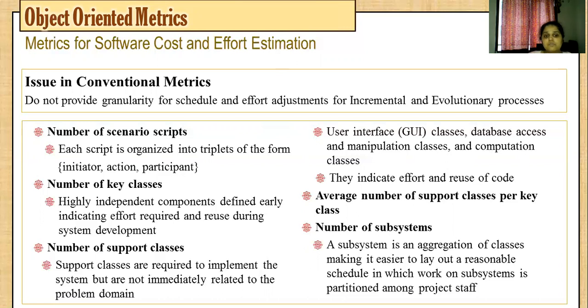Next is the number of support classes. Now what are support classes? They are not the main classes, but they are classes which are helping you in order to do the work for the main class. So they are support classes required to implement the system, but they are not immediately related to the problem domain. So let us take an example of our cardio health monitor system.